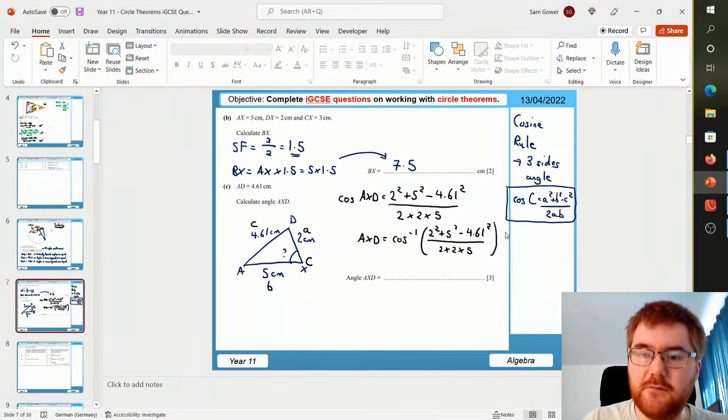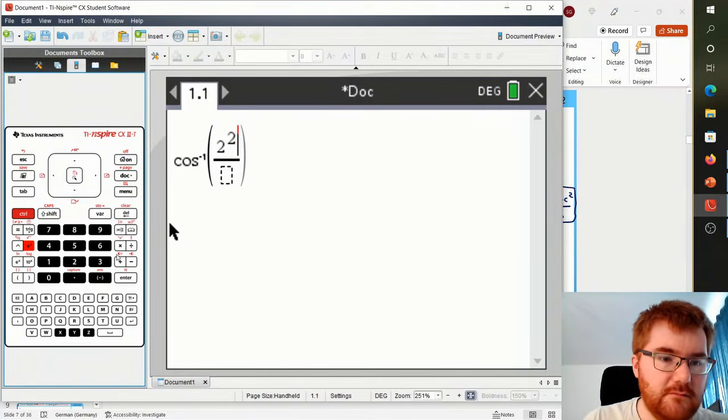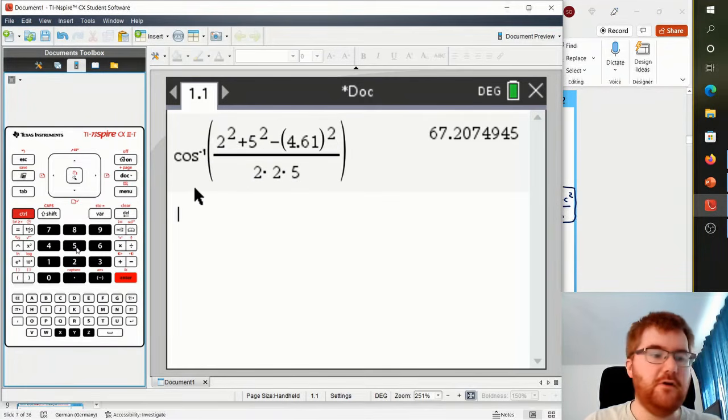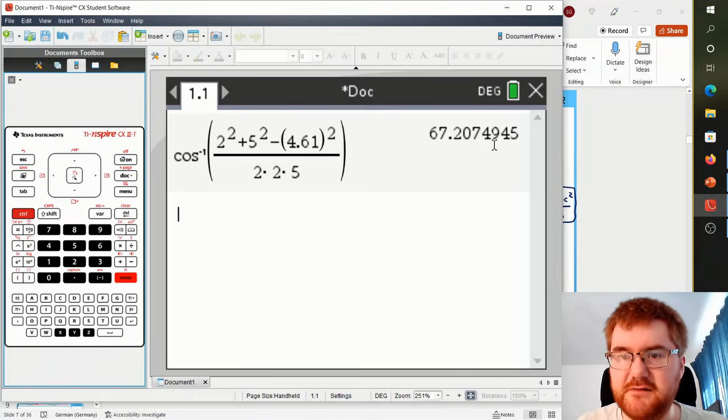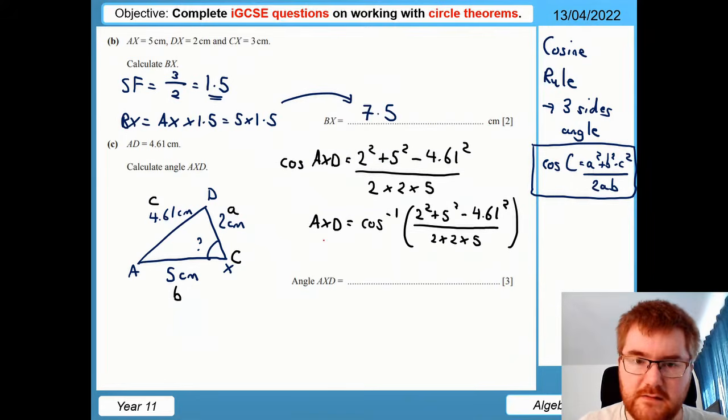So let's just remind ourselves what it is. 2 squared plus 5 squared minus 4.61 squared, divided by 2 times 2 times 5, and then put it all into the calculator, and then we get our answer of 67.207.